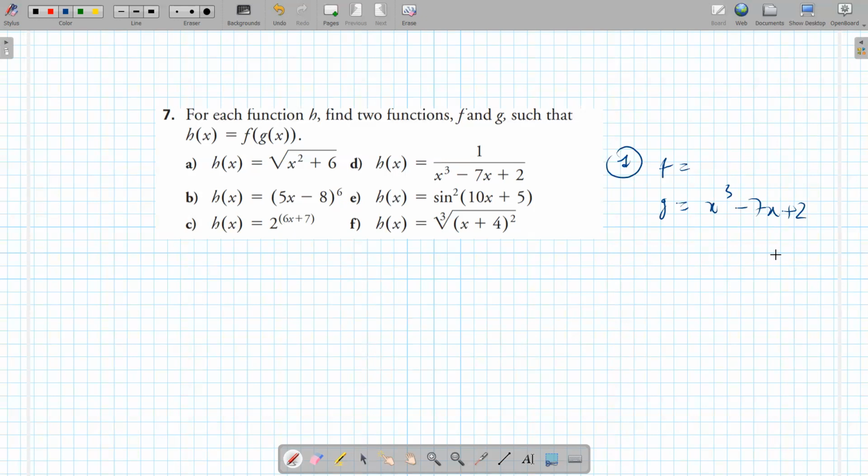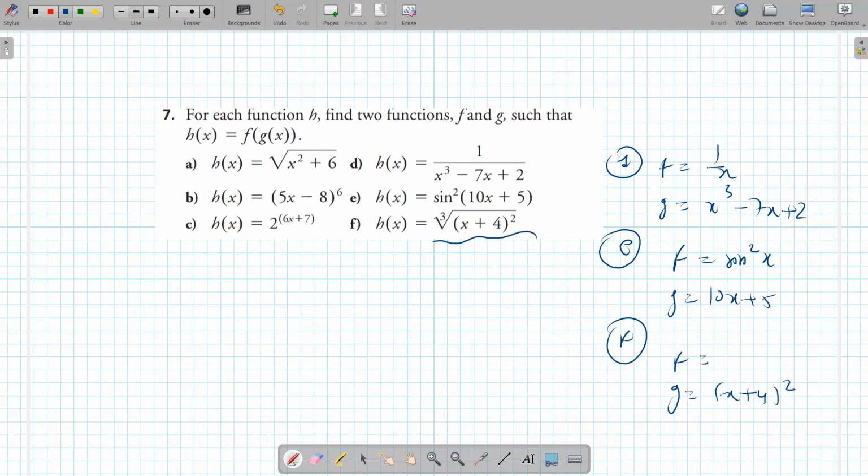What about f? f is 1 over x. Yeah, that's it. For e, g is the bracket 10x plus 5, and f is sine squared x. For f, g is the thing inside. What will be the f? Cube root of x. Yeah, and you're done.